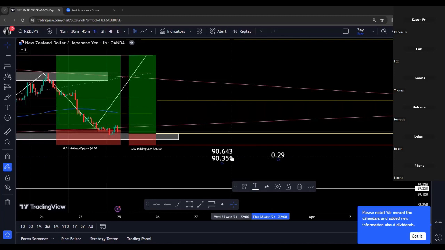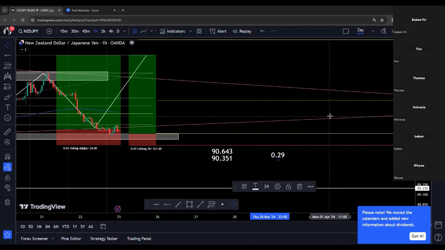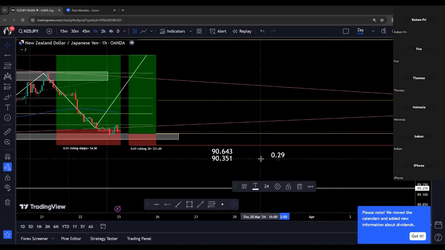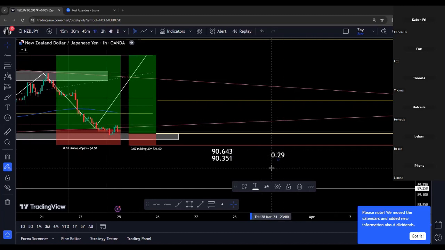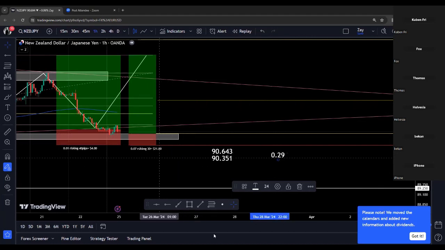You enter at 90.643, and your stop loss is at 90.351. Subtract all of that and you'll get 0.292. And you'll say, okay, take off the last number. That's 29 pips. Okay, thank you very much.